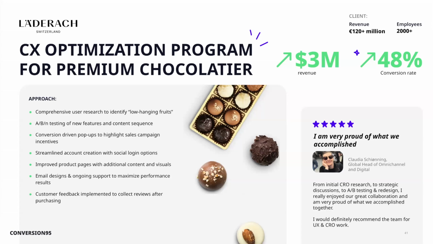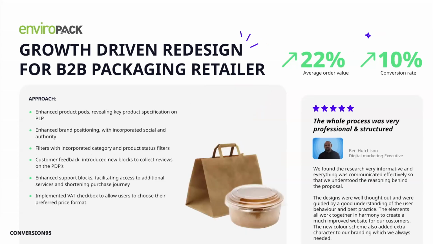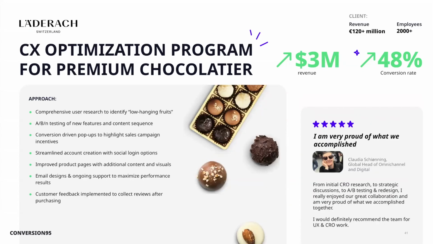A few of them are also highlighted here, Ladera and Enviropack. Enviropack is the growth-driven redesign that I mentioned for a business-to-business packaging retailer. So we also conduct growth-driven redesign as one part of the offering. But with Ladera, it is a dedicated growth team that continuously optimizes the website with A/B testing, with identifying bottlenecks within the user journey, and also optimizing product pages.